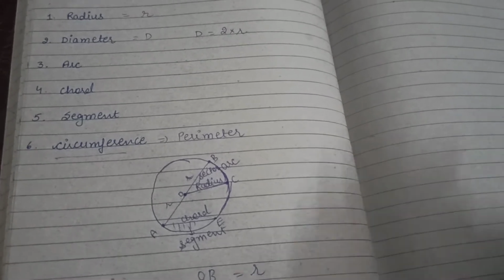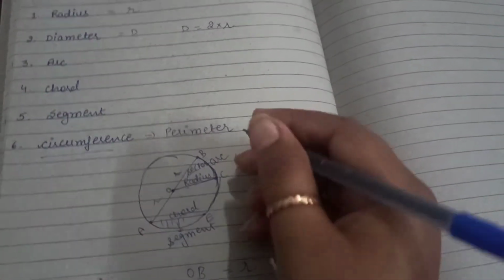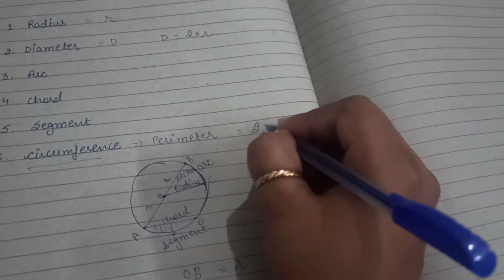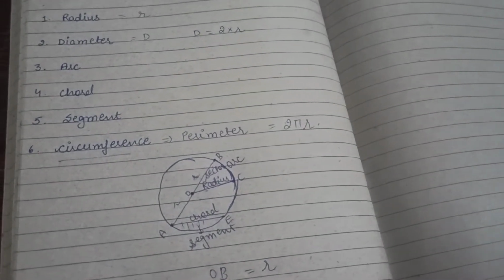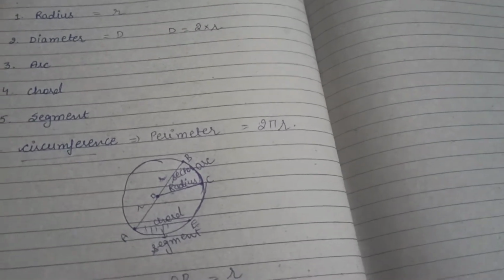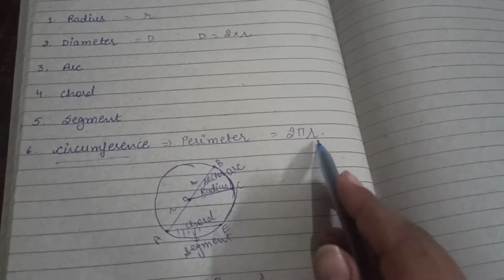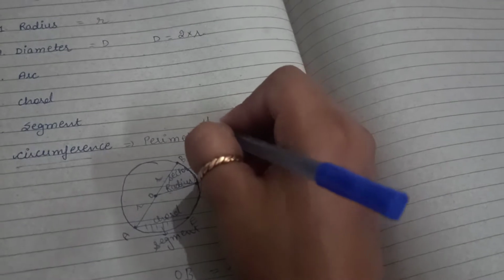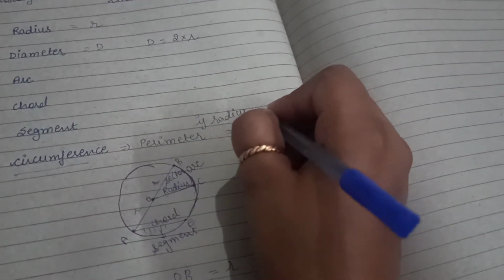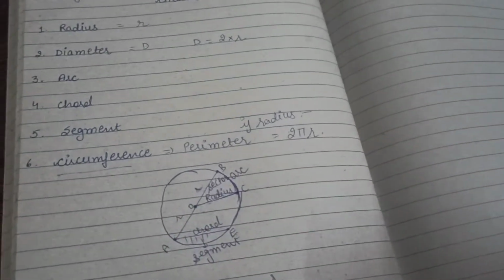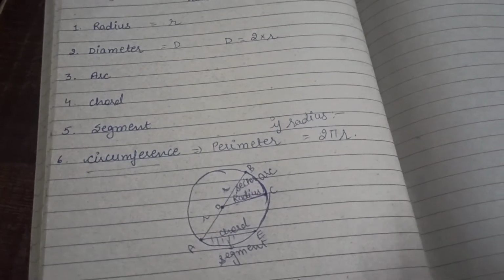Now, let's come to the formula of the circumference. So circumference is 2 pi r. If radius is given, then the formula of circumference is 2 pi r.